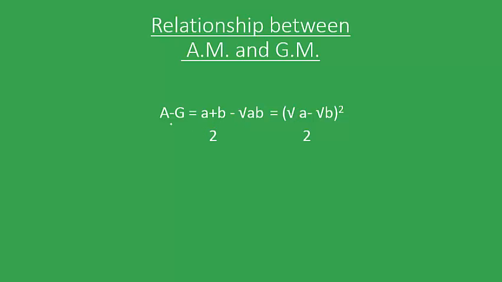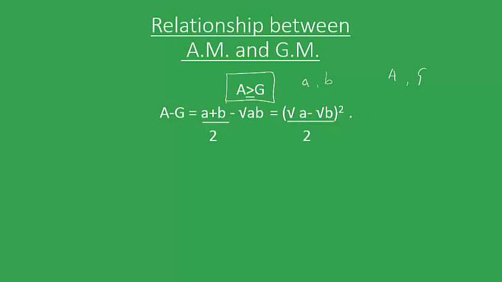To find the relation, let's first write what is A minus G. This is a relation which holds for two numbers, let's say a and b, whose arithmetic and geometric means are respectively A and G. We'll note that the arithmetic mean is always greater than or equal to G. To work this out, let's take their difference, A minus G. We obtain (a plus b) upon 2 minus root ab, which if you take the LCM comes out to be (root a minus root b) the whole square upon 2.